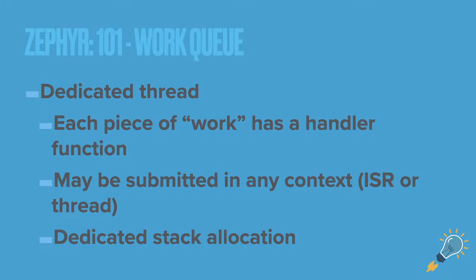But the important thing to know is that it has its own dedicated stack allocation. By default, I think Zephyr ships 1024 or 2048 bytes of stack for the system work queue. You can make that as big as you want, especially if you're using the system work queue in your own application. But we'll get into some reasons why not in a second.